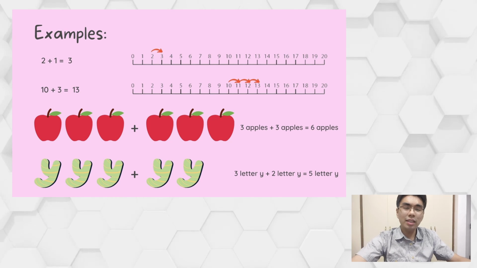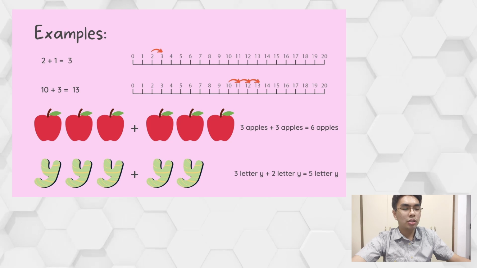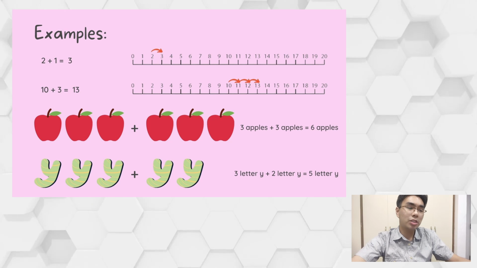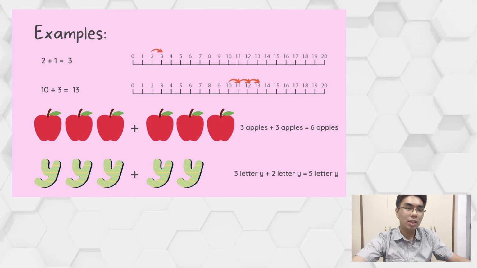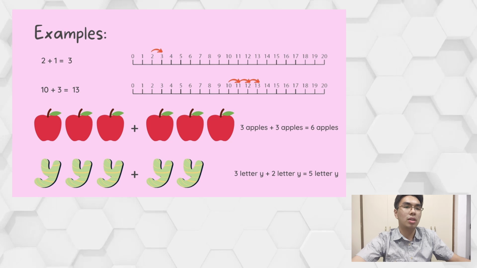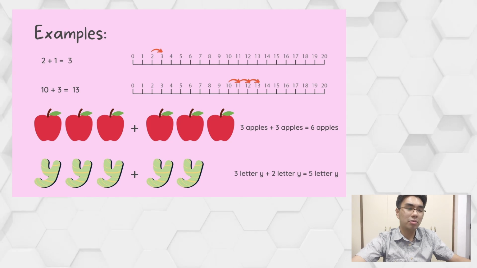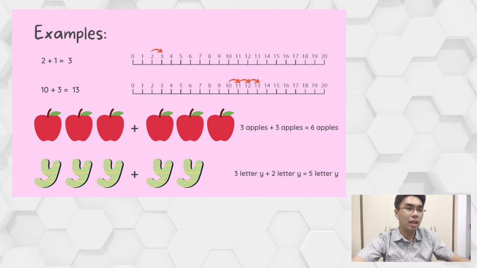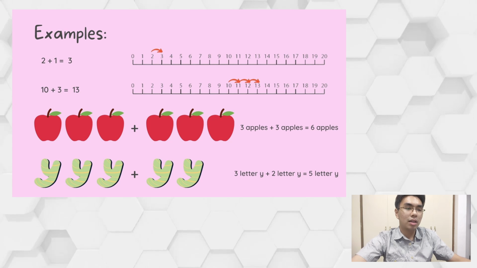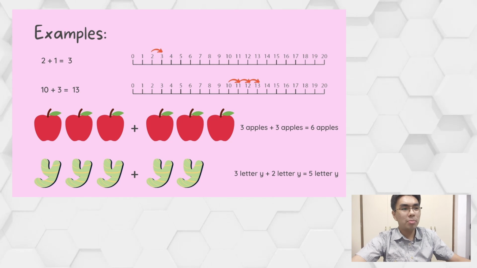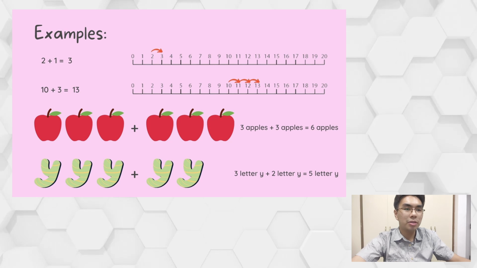Now, for the third example, 3 apples plus 3 apples is equal to 6 apples. So, it's like the first two examples but with just some labels. It doesn't change too much since it is still addition.